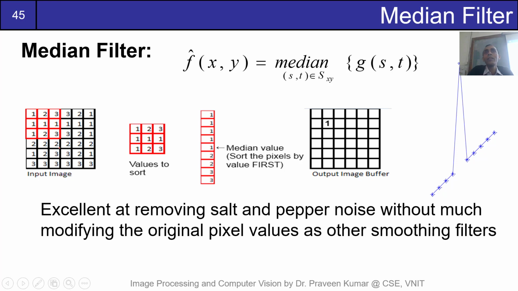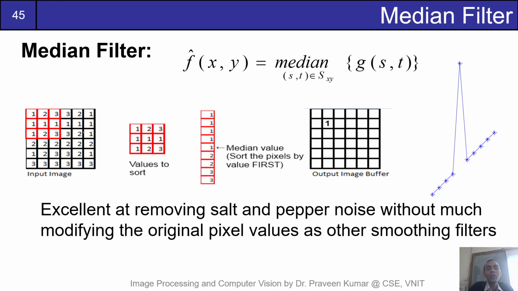Sometimes both salt and pepper noise may be present at the same time in an image, then you can go for a median filter. In median filter, what do you do? What is the median operation? In that neighborhood, you sort the values and choose the 50th percentile, the median, the middle rank value, and substitute by that.